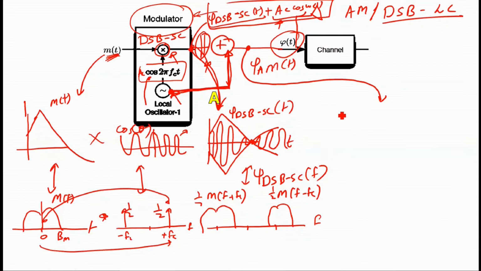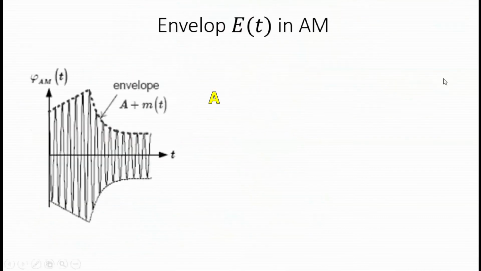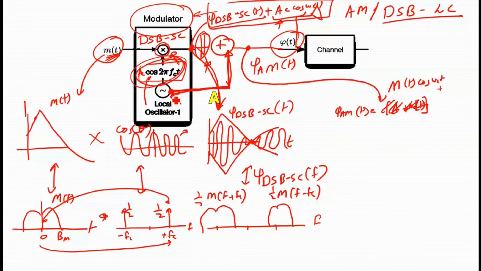That we have phi am of t, m of t cos omega ct plus this cos omega ct. We have set gain A equal to 1 in the second term. We can take cos omega ct common, so we would have cos omega ct times m of t plus 1, right?